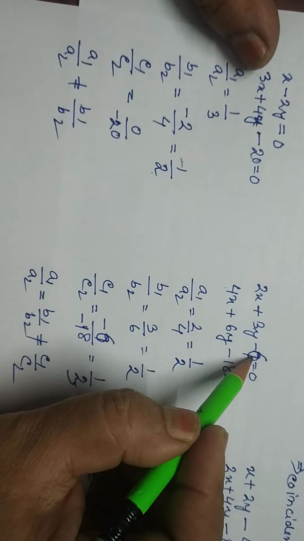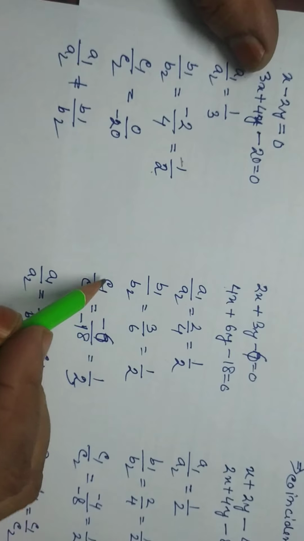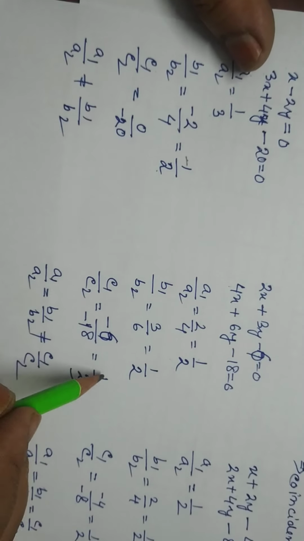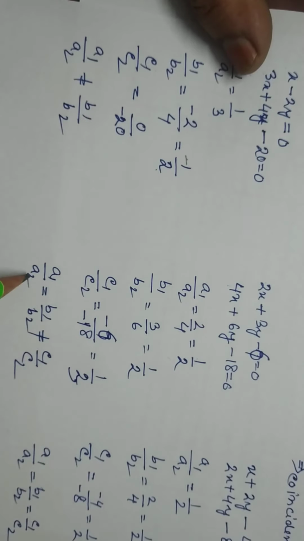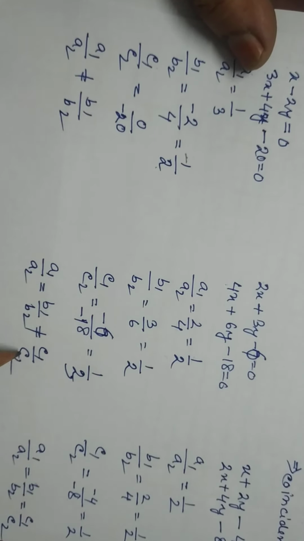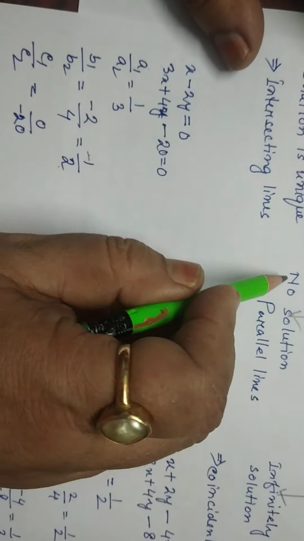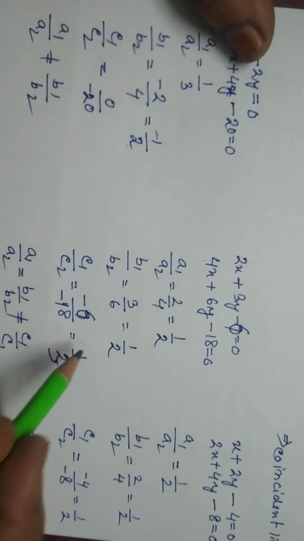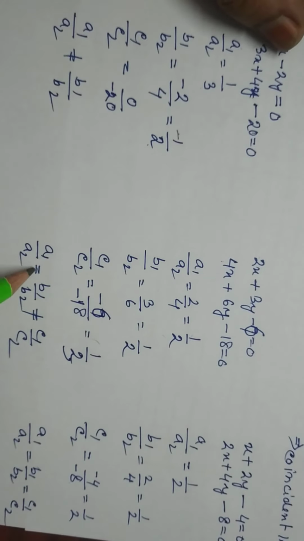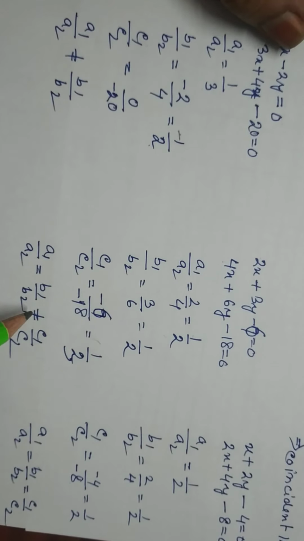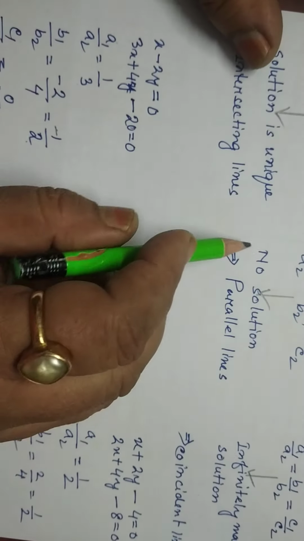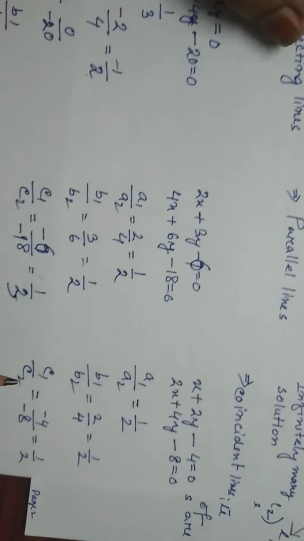The constants are minus 6 and minus 18, so c1 by c2 is minus 6 by minus 18, which is 1 by 3. Here a1 by a2 equals b1 by b2 but not equal to c1 by c2. Therefore there is no solution, and the lines are parallel.